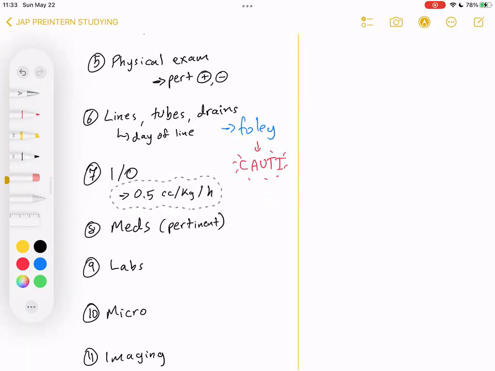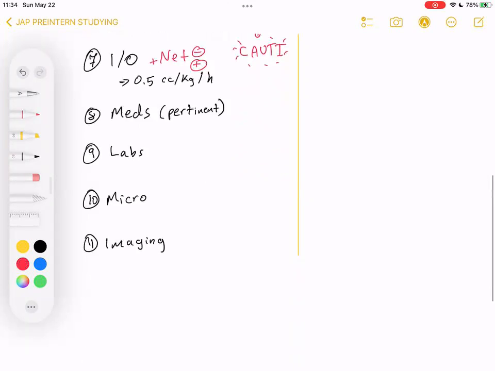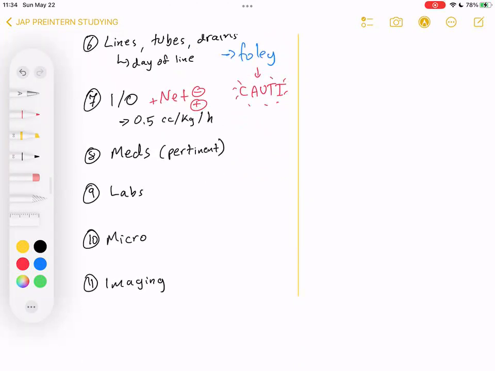That's the way you want to think about it. And then you also want to mention the net. Is the patient net negative or net positive? The patient is net negative 1 liter. The patient is net positive 2 liters. This will give you an idea of how much fluid the patient needs or needs to be taken care of.